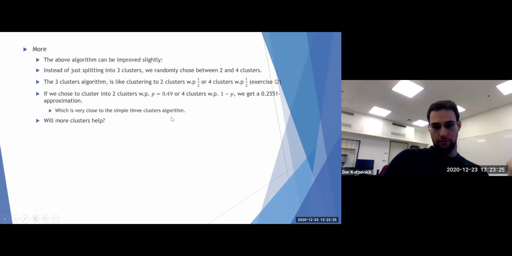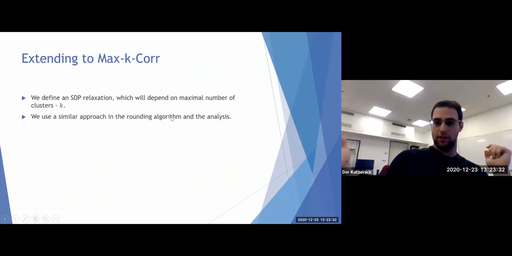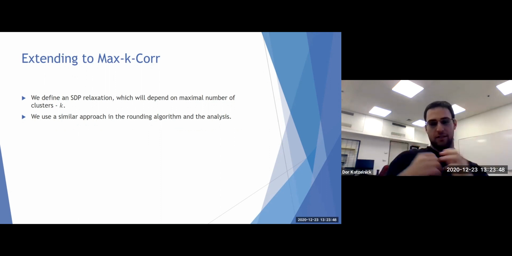And you can also extend it, and this is going to be in the next slide, to max-k-core. So you can define a similar relaxation for max-k-core, and then the relaxation will depend on the value of k. And you can have a similar algorithm to round this relaxation. Okay, and that's it. This is the end.